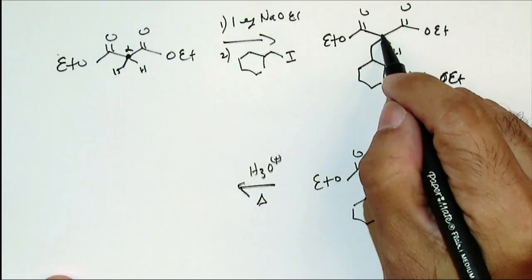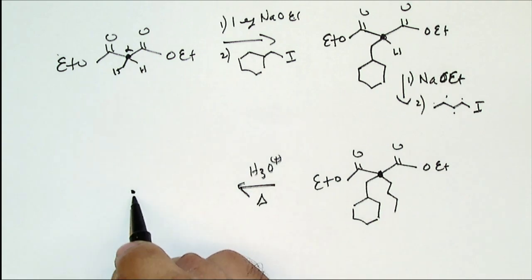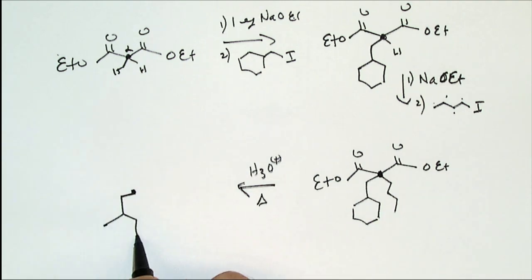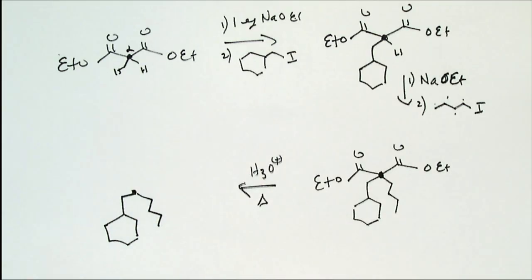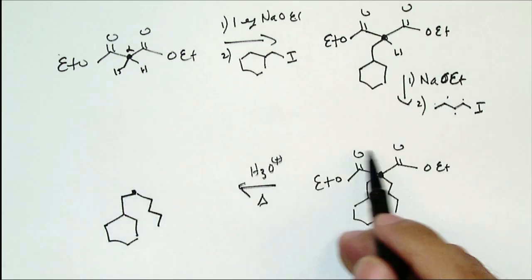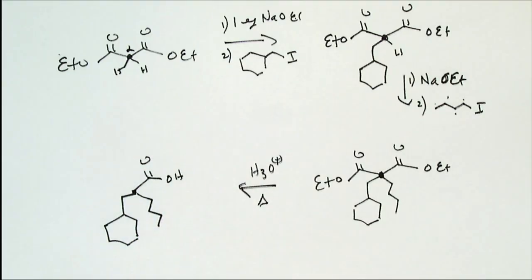So when this is done, what that carbon has is, I had added this to it in the first step, and I had added this to it in the second step. One of those esters goes away. The other ester therefore becomes a carboxylic acid, and there is my final product. If you just follow, you will see it's fairly simple to figure out what is happening.